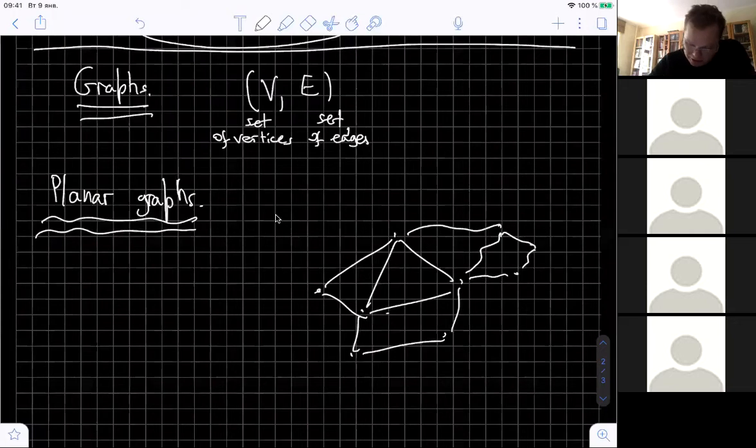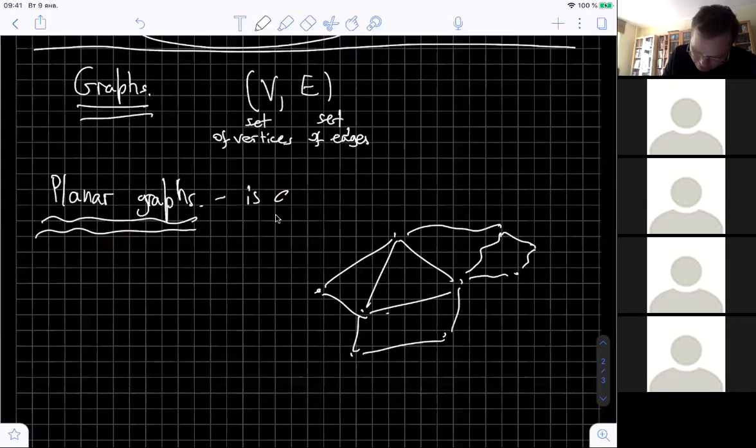If we can draw this picture where no edges are crossing outside vertices, then we can call this graph planar.